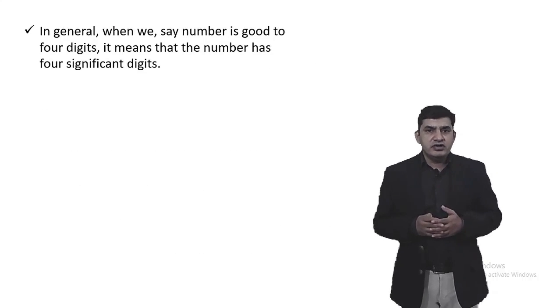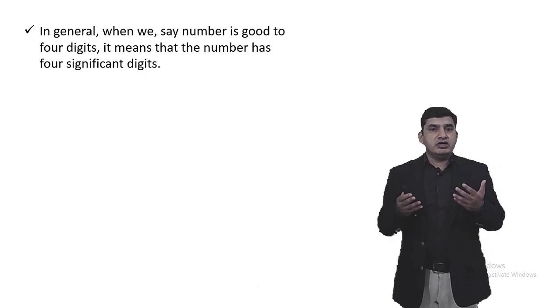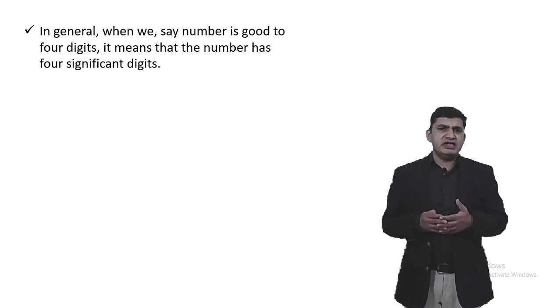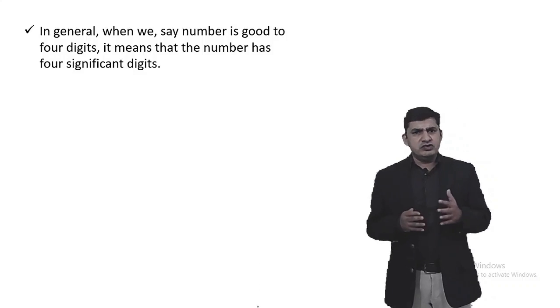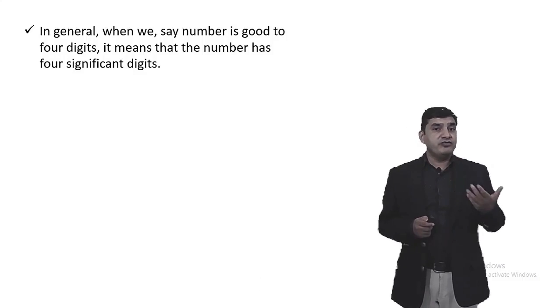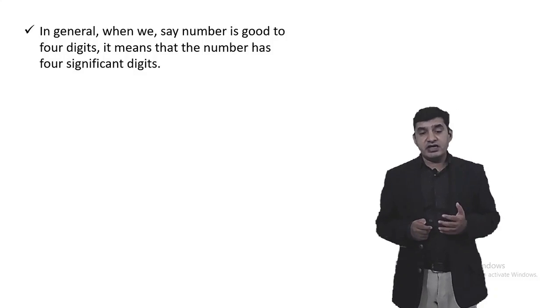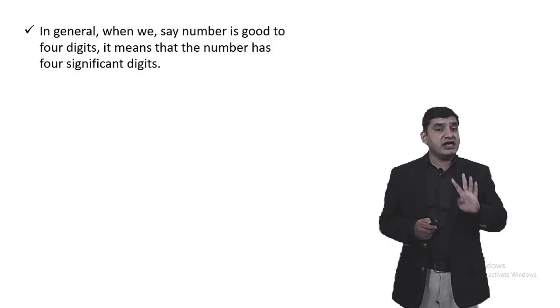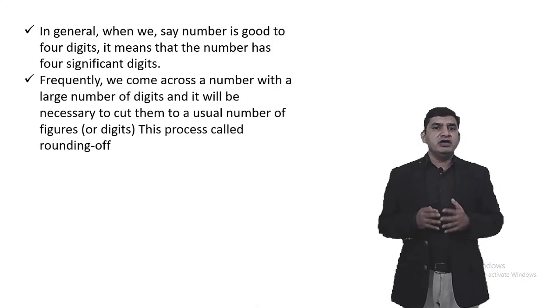In general, when we say a number is good to 4 digits, it means that the number has 4 significant figures. That is, the 4 digits have significance in a measurement.